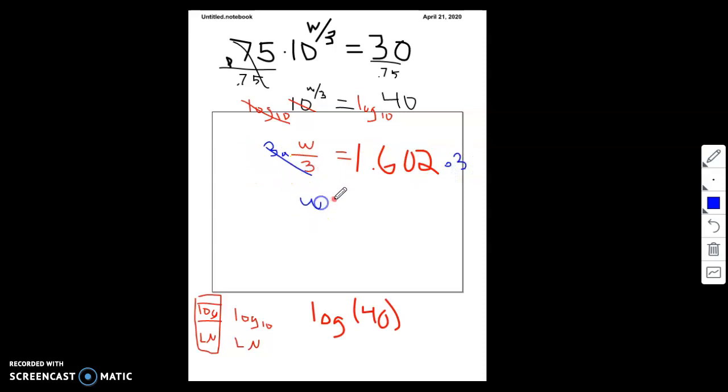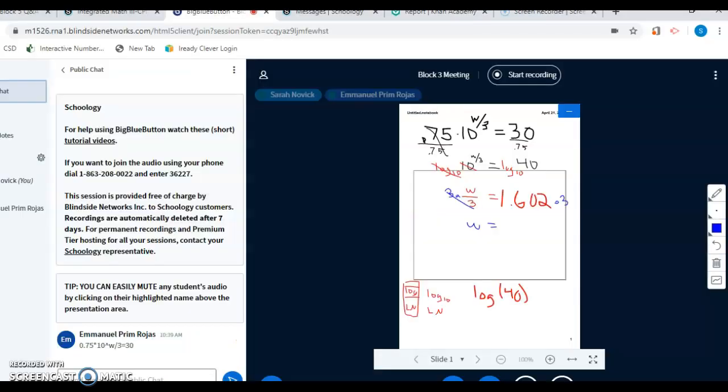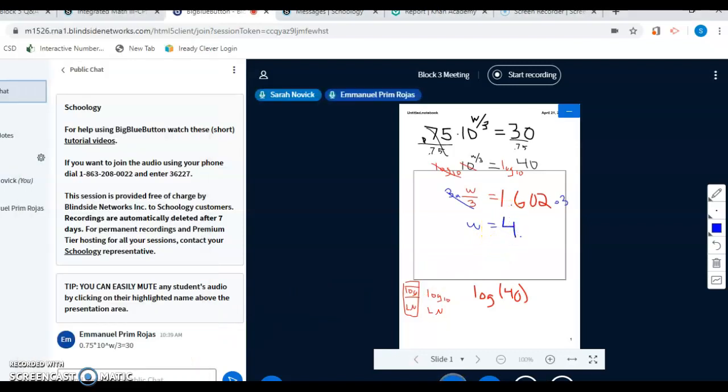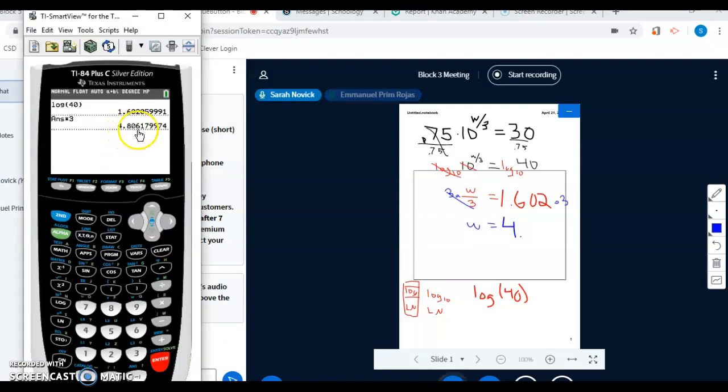So W is equal to 1.602 times 3. So whatever that is, times 3. 4.806.